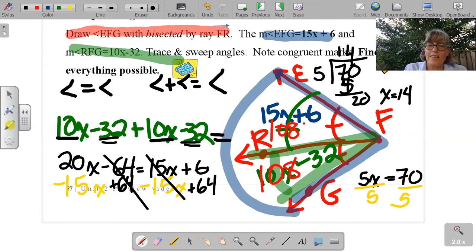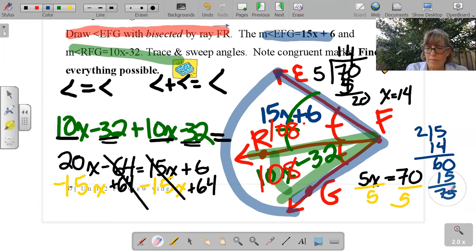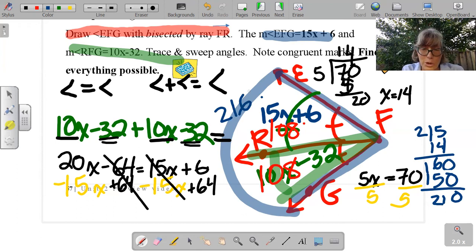And then to check, 15 times 14, that's 210 plus 6 is 216, which if you check, 108 plus 108 does equal 216.